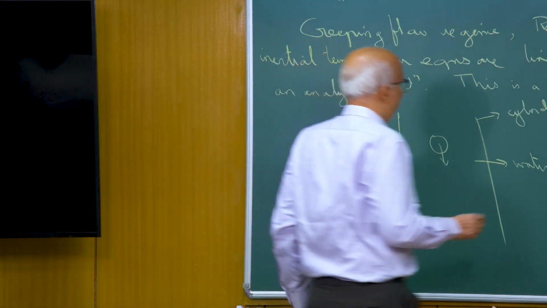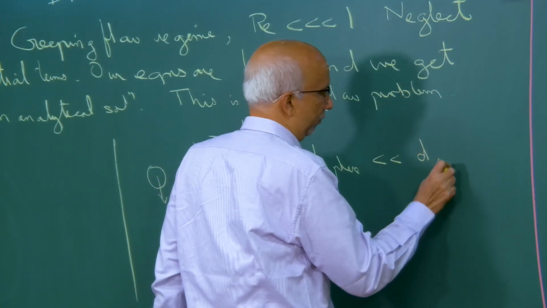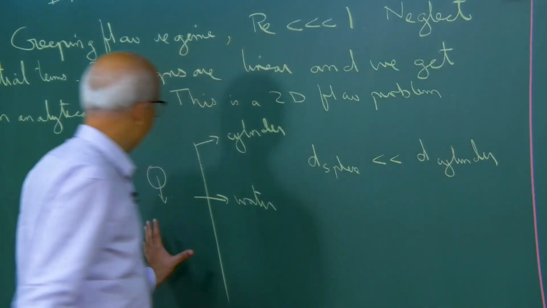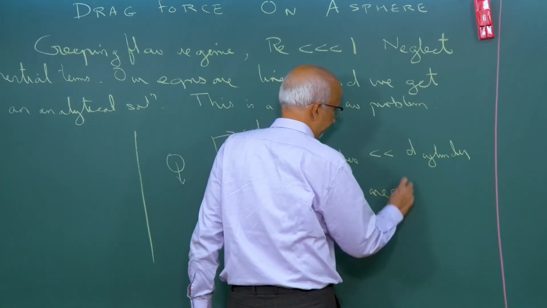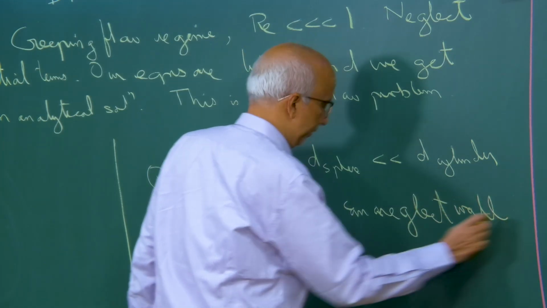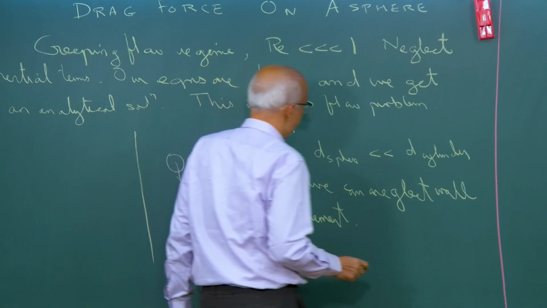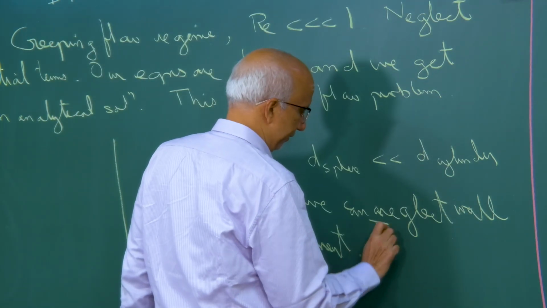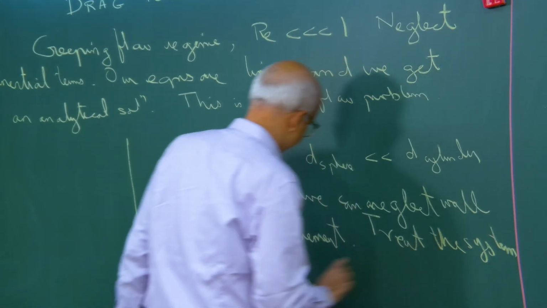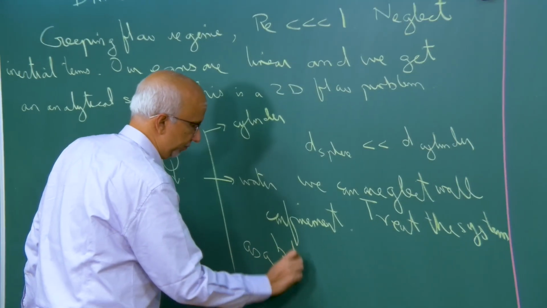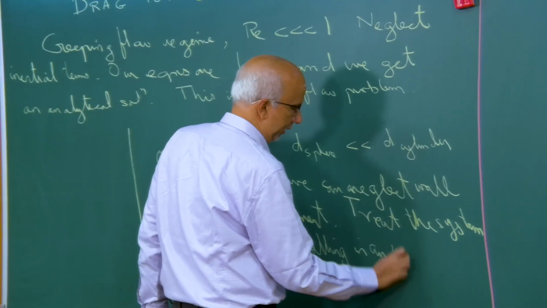So, if the diameter of the sphere is much less than the diameter of the cylinder, so you have the cylinder here, you have the sphere here, we can neglect the wall confinement, and treat the system as a ball falling in an unbounded liquid.